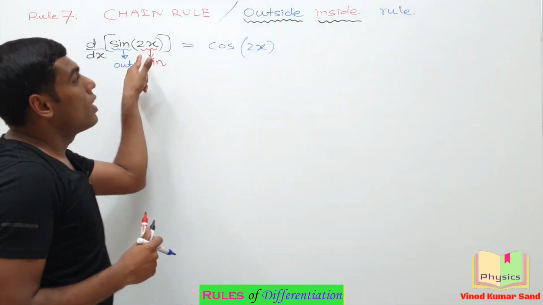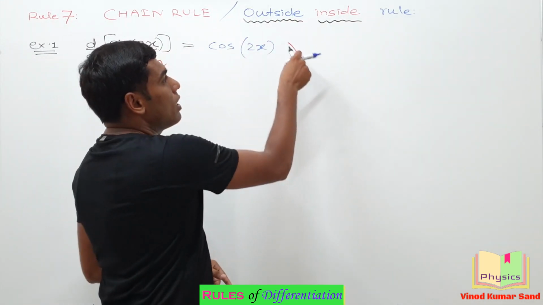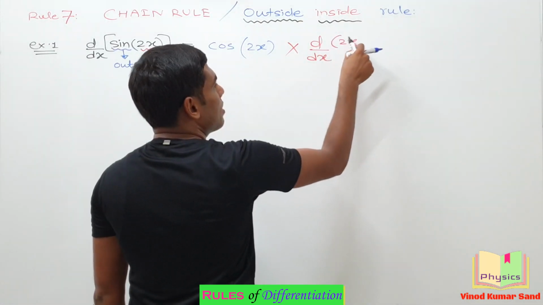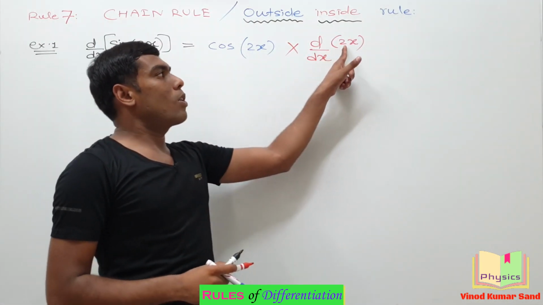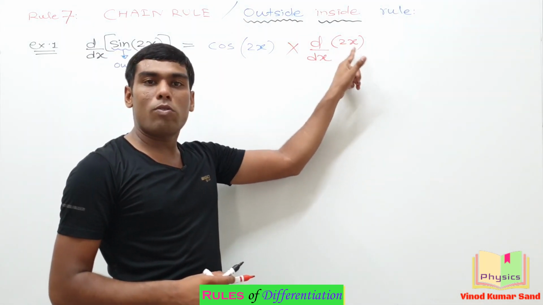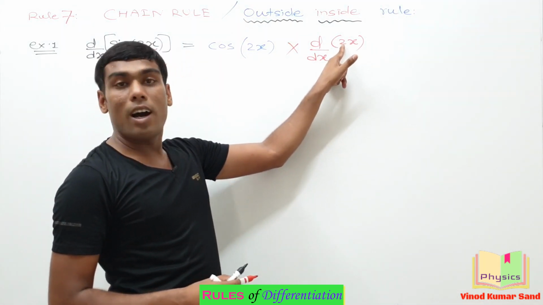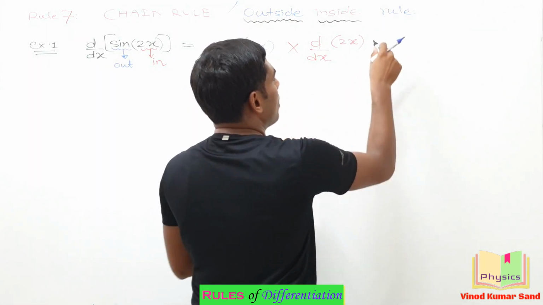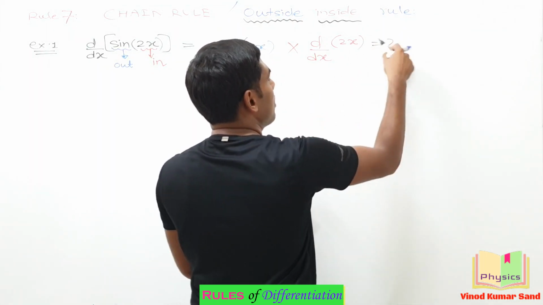Okay. Now you need to differentiate the inside function, d by dx of 2x. This 2 is a constant and x is a differentiable function. 2 will be taken outside of the differentiation. So I am writing that 2 here outside of the differentiation.